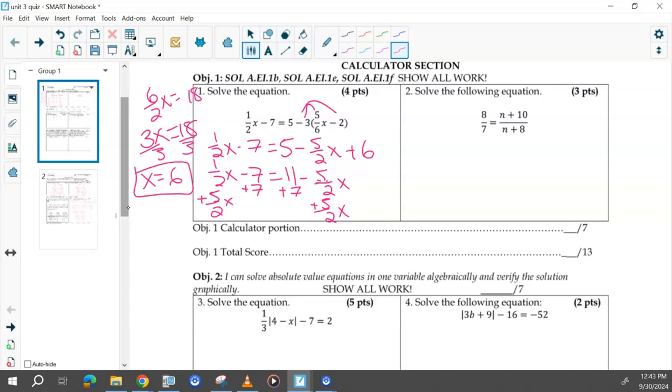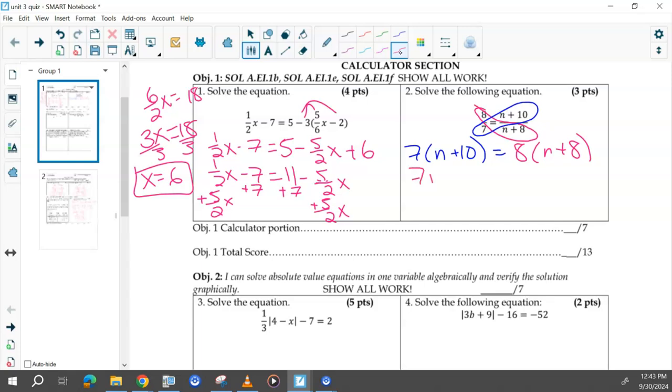In number 2, we had to cross multiply this and this. Whether you jumped straight into distributing or rewrote it first was up to you. So if you started here, that was fine. If you jumped into the next step and wrote 7n plus 70 equals 8n plus 64, that was also fine.